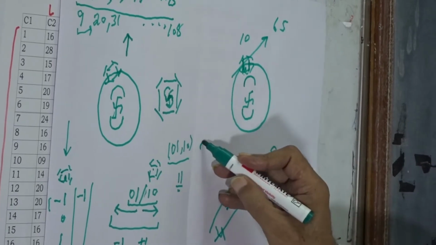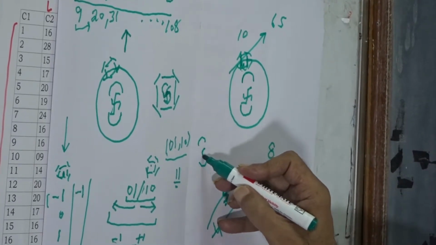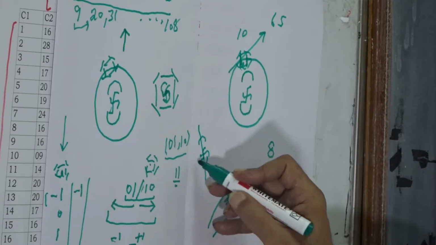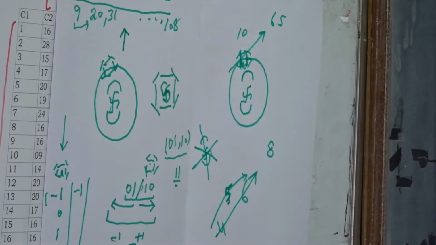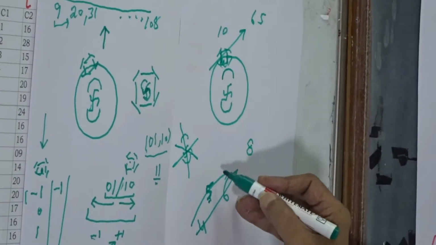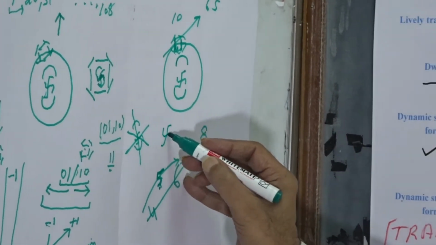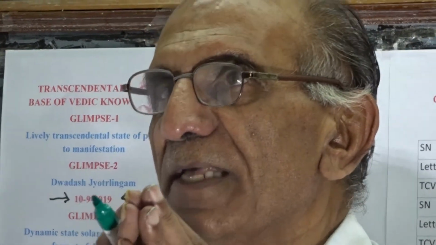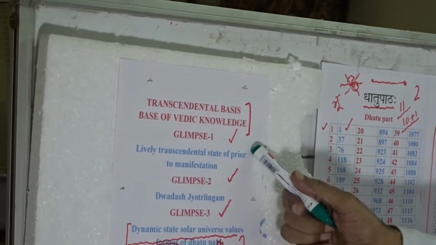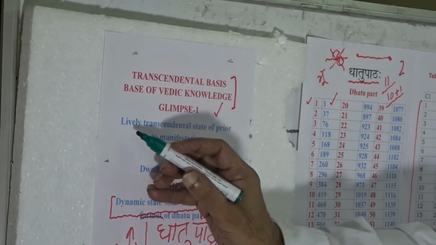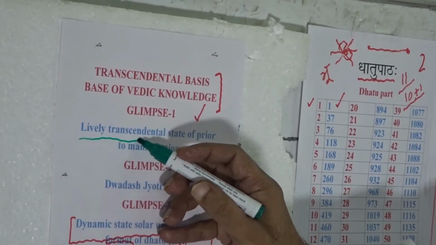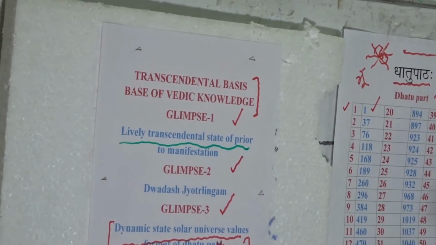Now we know 5 space itself is a solid order space. Therefore, from the setup of a solid order state, we reach at a creative order state. Therefore, at present, when we are glimpsing transcendental base of Vedic knowledge, in the first phase we were focusing at the lively transcendental state prior to manifestation.